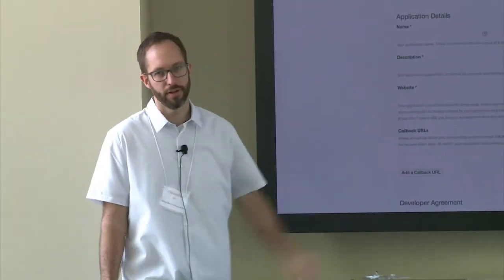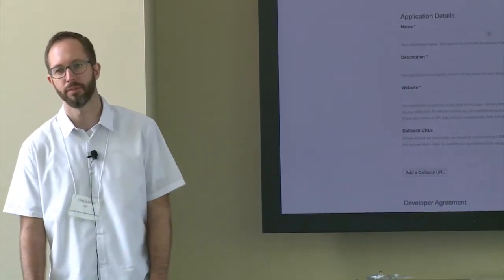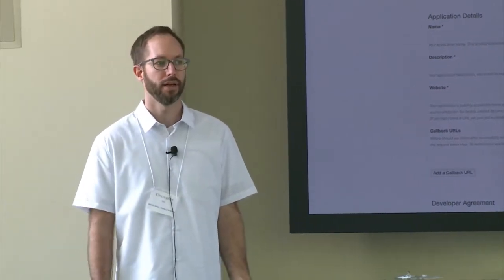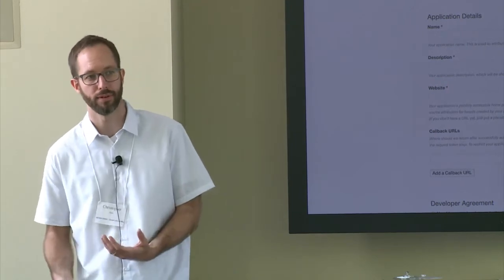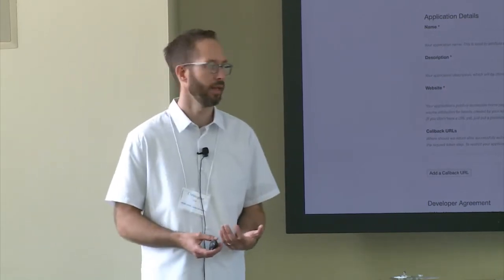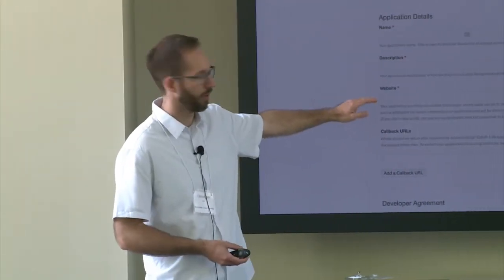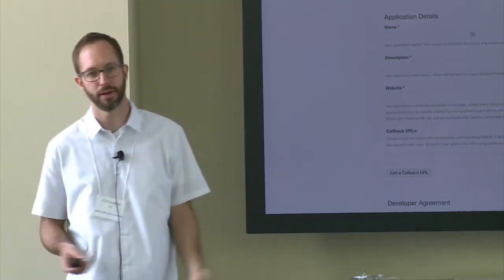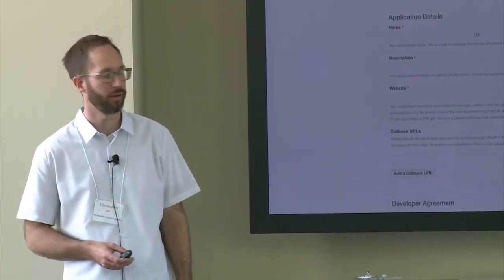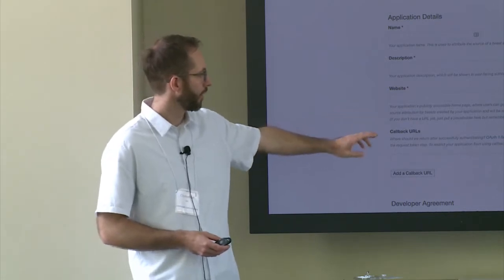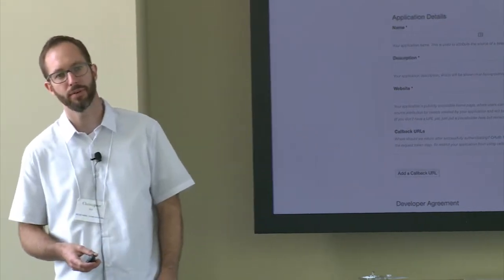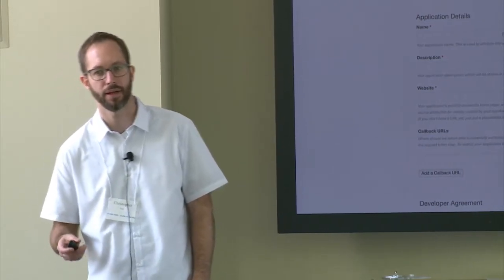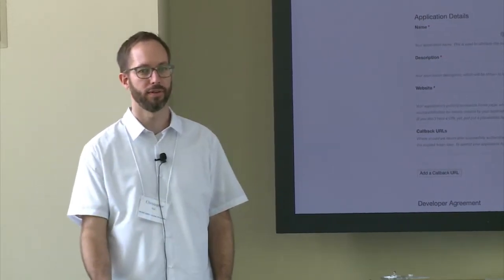You'll see there's a website field here. The reason for that is most apps actually have a website. And on that website, they would list, for example, the privacy policy, the app's terms of service, or something like that. And so that's the main purpose for this website here. You could put in your website if you like, or really any website. And finally, there's this callback URL. And that's an important one because it allows the API to know where to send the information.